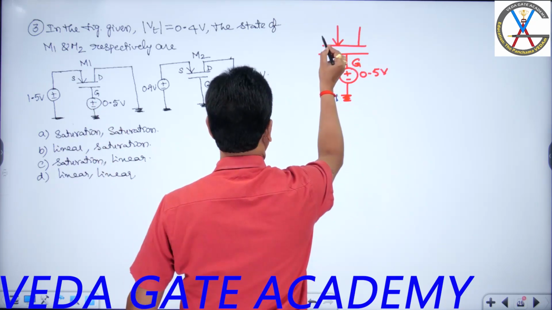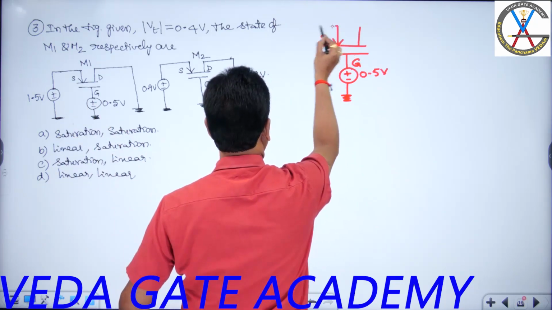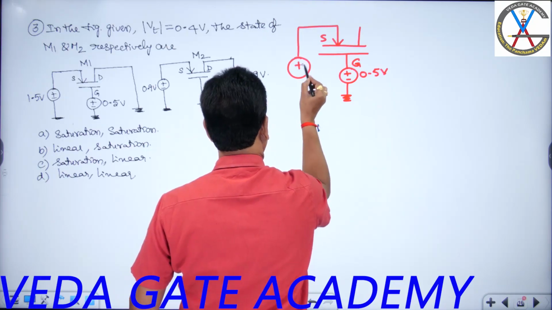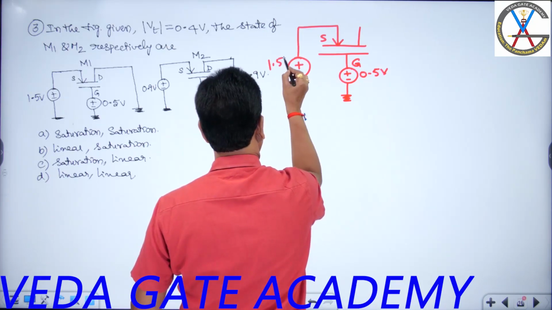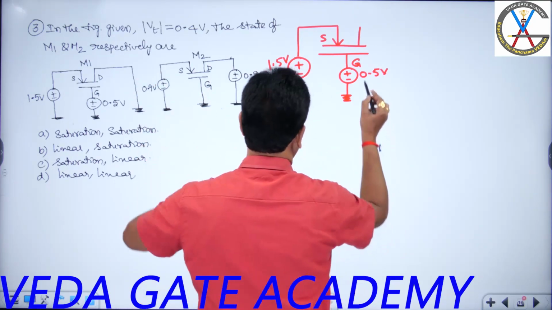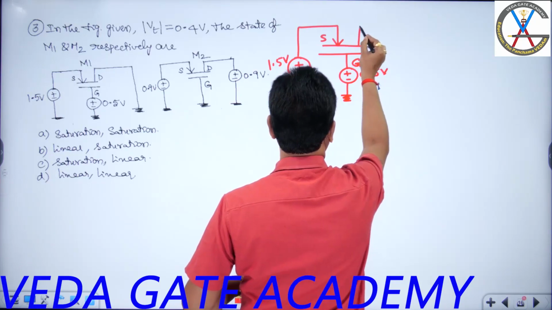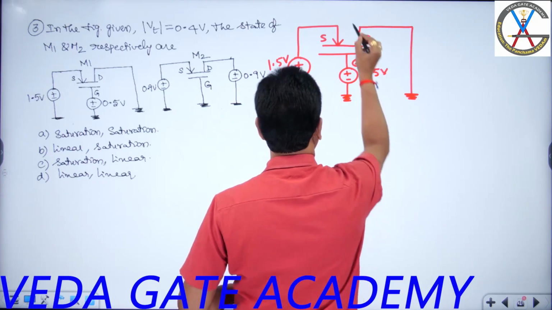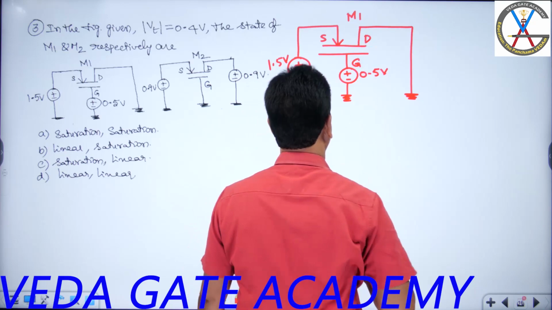This is the source connected to a 1.5 volt supply, students. Drain should be connected to ground, students. This is the drain that is connected to ground. This is M1. So what is the mode of that one?